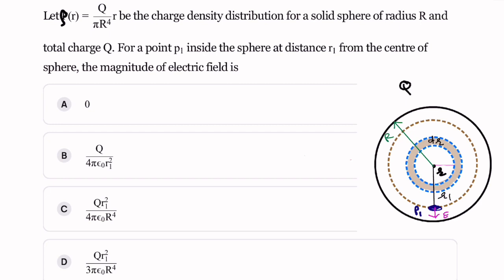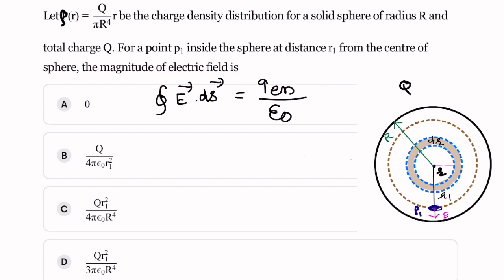We have to calculate the magnitude of the electric field. For calculating the electric field intensity at point P1, consider a Gaussian sphere of radius r1 and apply the same equation: integration of E dot dS equals q enclosed by epsilon naught.